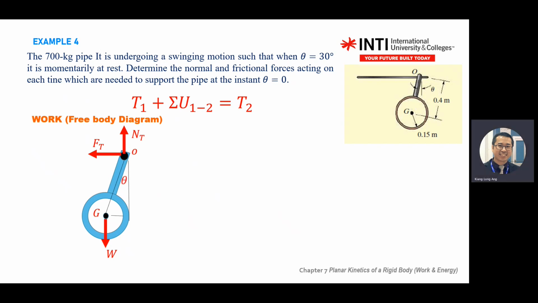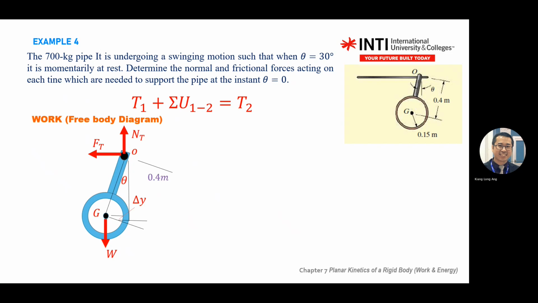Then you can use the angle, right? So this is the dy that you want to find, because before your y is here, after your y will be here. Your final y will be here. So you need to find the delta y.